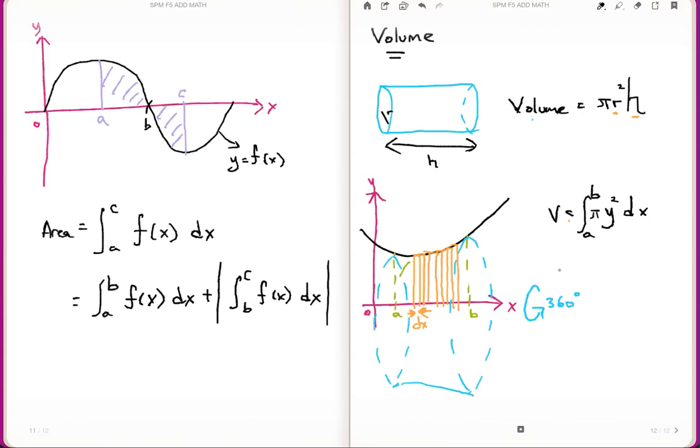Then you may simplify it, of course. How are you going to integrate? A constant, you just bring it out. Pi, integral from a to b of y squared dx. That's the reason why you should go back to video 1 to practice integration. Then y squared, you either expand it or you use the law for integration.